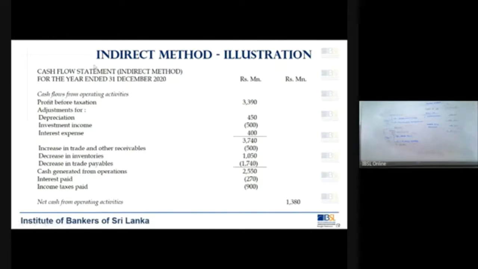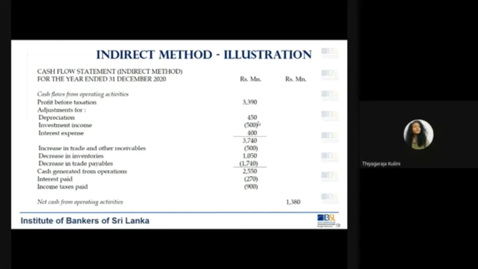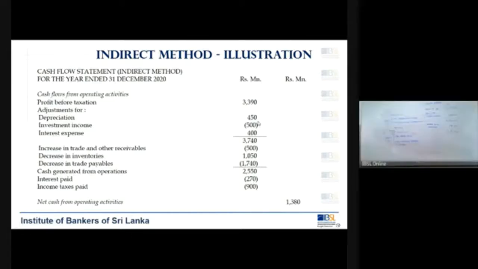Then interest expense is something that you have incurred in your P&L. But interest expense is what actually? You have to see how. If it is a provision, you will remove it and you need to consider the actual interest paid.